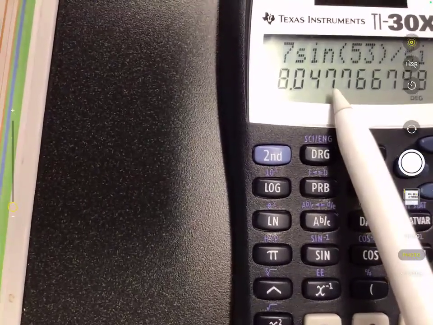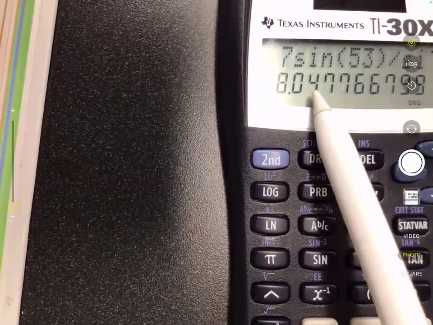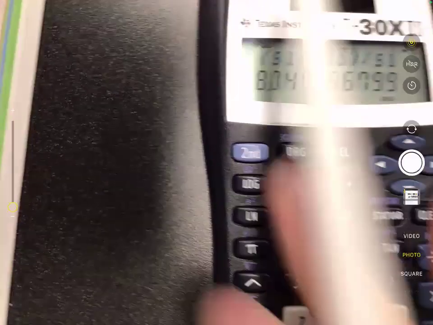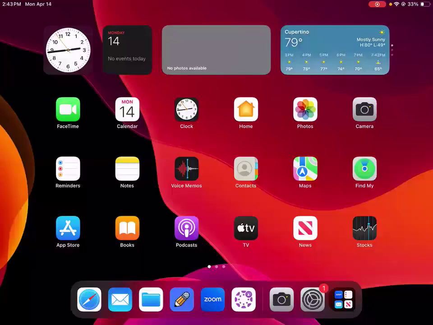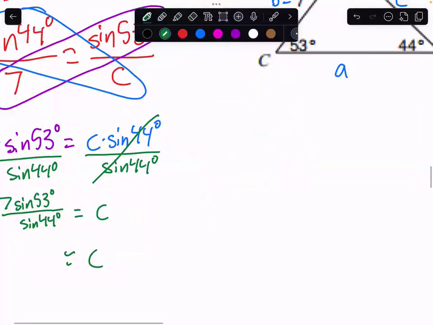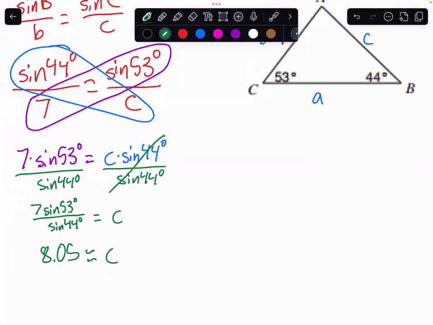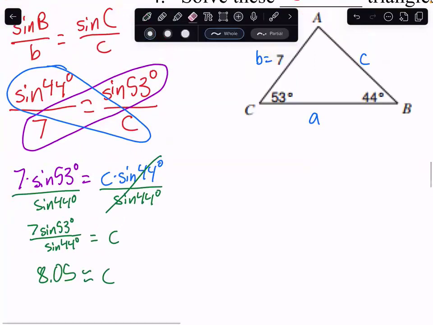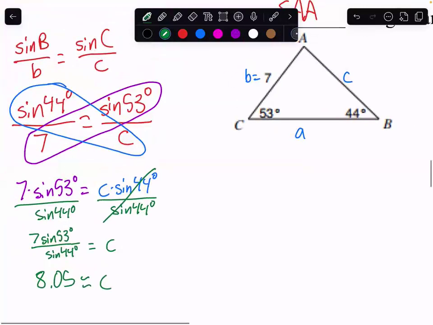The next digit is 5 or more, so we're going to round this up to 8.05. Let's go ahead and fill that into our diagram. So we think c is about 8.05.